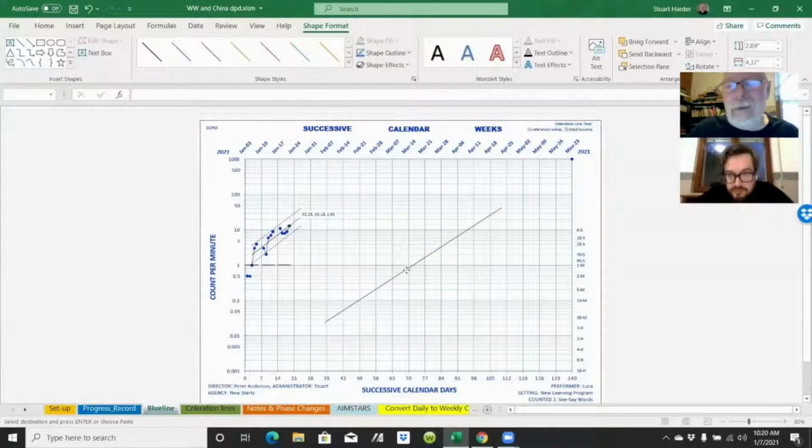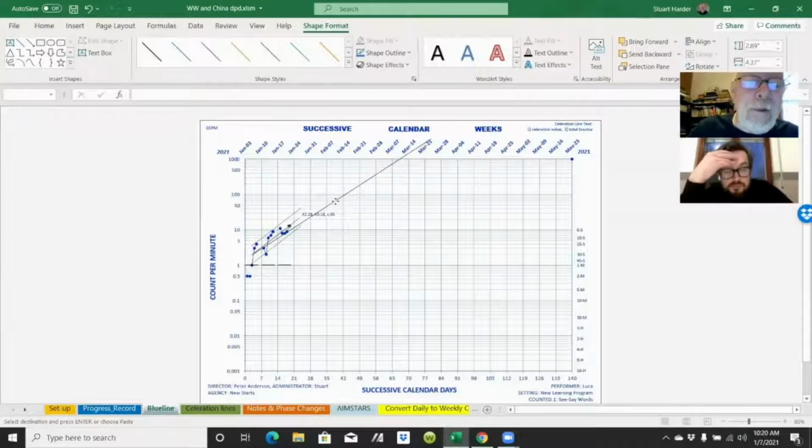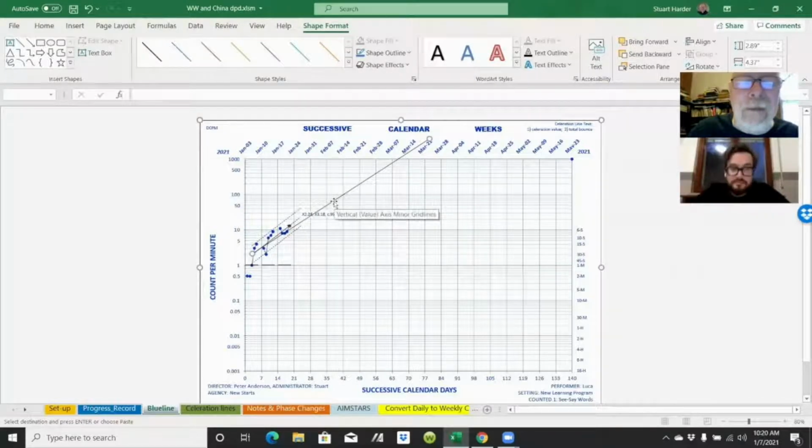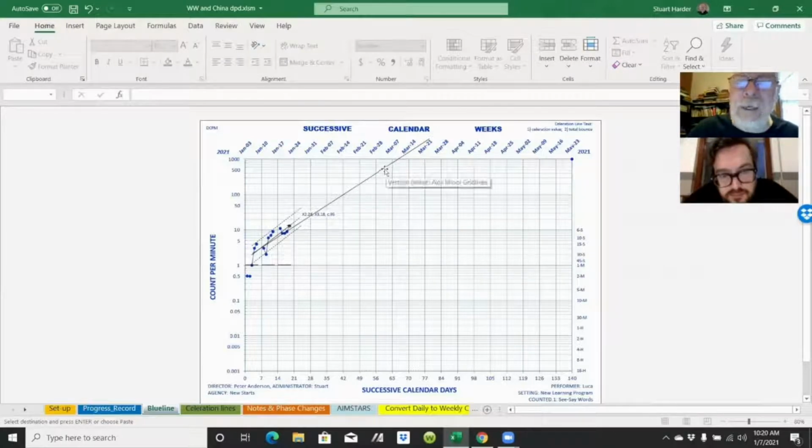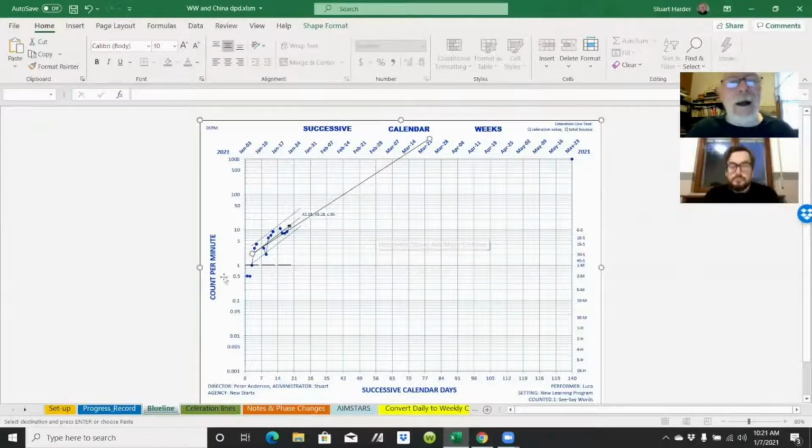If I drag this line now, the angle hasn't changed, and I put it right up here at the origin of the acceleration line that we just put in place with the program, you'll notice here's the line of doubling, the ×2 line, and notice that the line that the program calculated is just slightly steeper than this one right here, okay? So just by eye, if you didn't have those numbers there, you could pretty well guess that this learner is growing by ×2 every week.